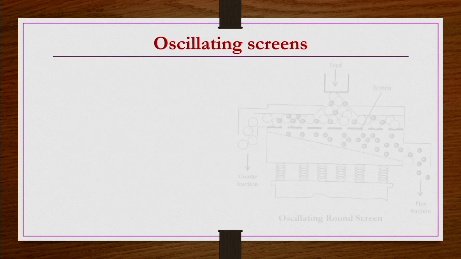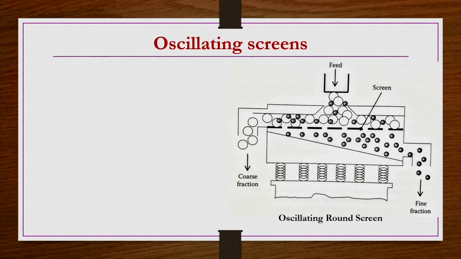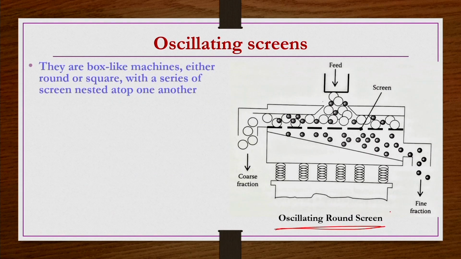Then oscillating screens. Here an oscillating round screen is shown. Actually, they can be round or they can be square. In general, they are box-like machines, either round or square, with a series of screens nested atop one another.